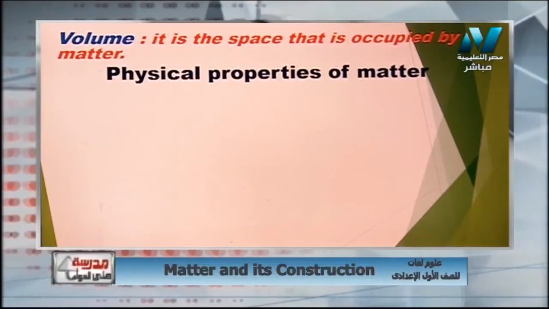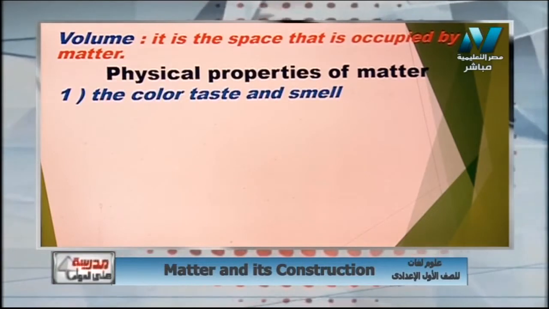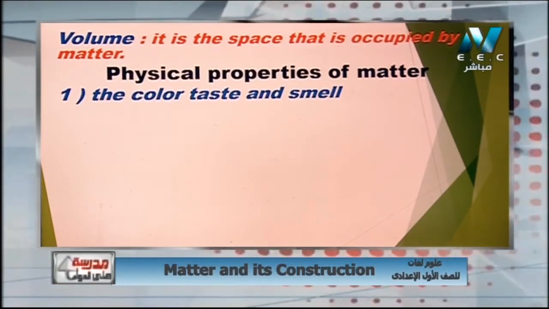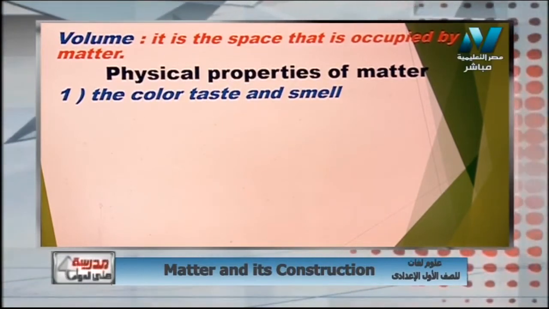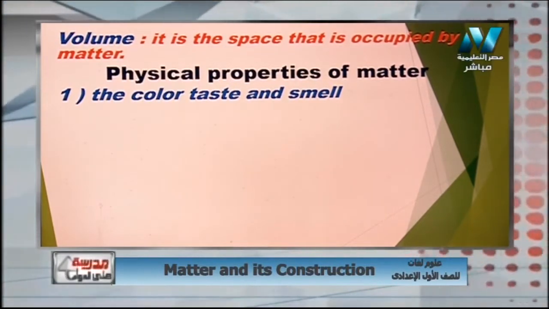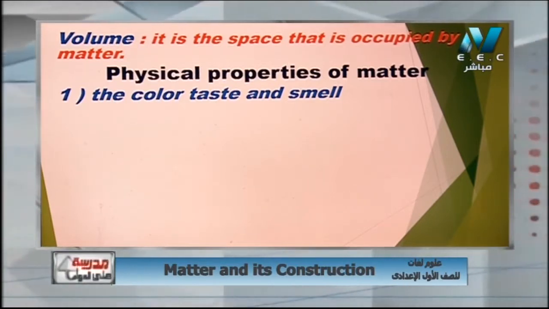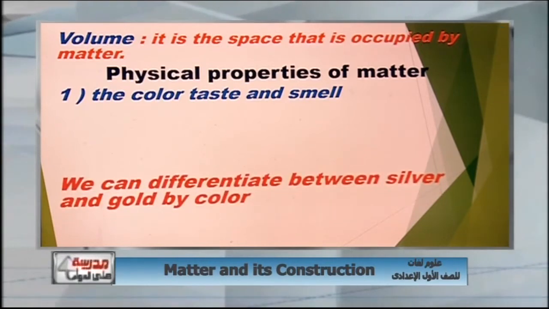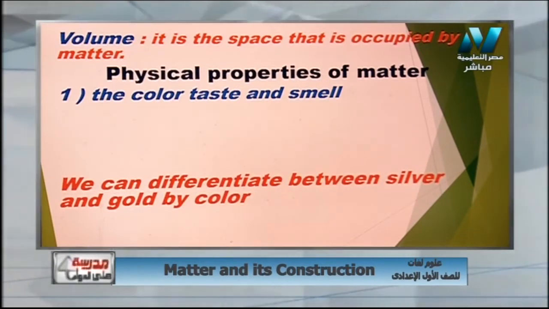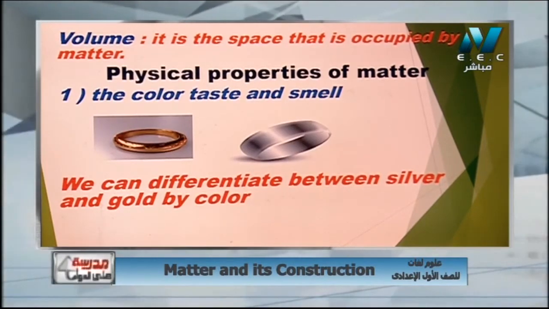So now let's talk about the physical properties of matter. First, one is color, taste, and smell. I can use color to differentiate between what? Yes, as you said, we can differentiate between silver and gold by using color. Yes.